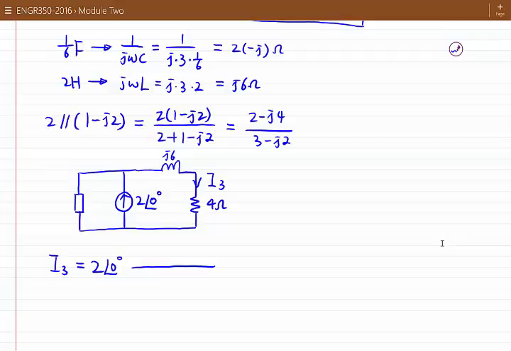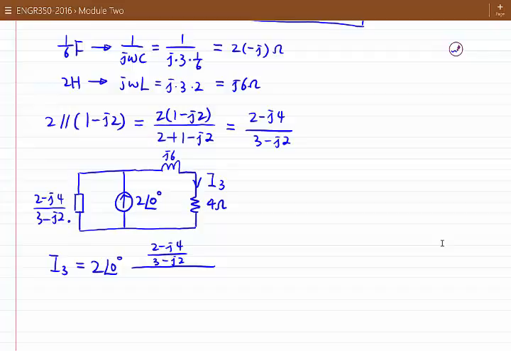The numerator will be the impedance of the other branch, which is 2 minus j4 over 3 minus j2.